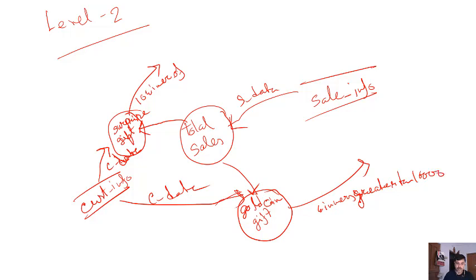Okay, so 0.2 has been divided into 0.2.1, 0.2.2, 0.2.3. So this was actually the level 2 diagram.